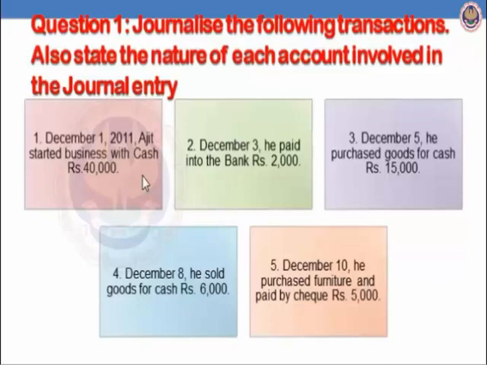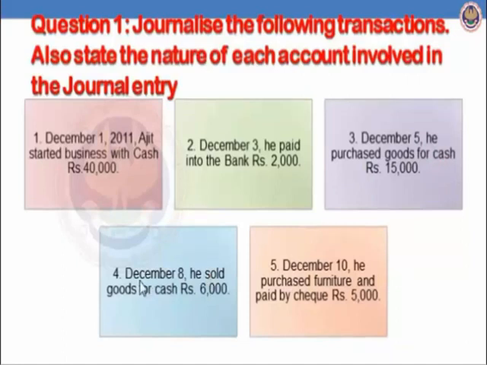Second transaction is on December 3rd, he paid into bank rupees 2,000. So the amount is deposited into the bank. Third transaction is on 5th December, he purchased goods for cash, rupees 15,000.